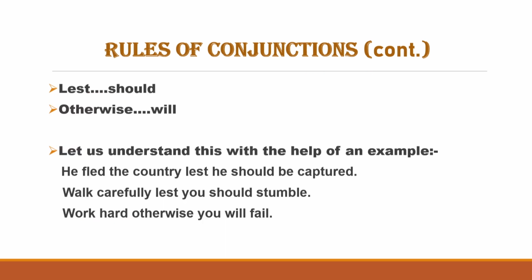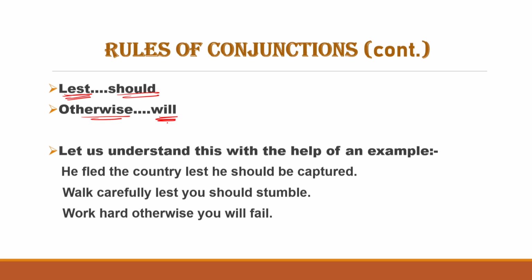Fine. So the next rule is lest. Lest is always used with should and otherwise is always used with will. So lest is used as a conjunction expressing a negative purpose, and it means so that not, or for the fear that, in order that not.